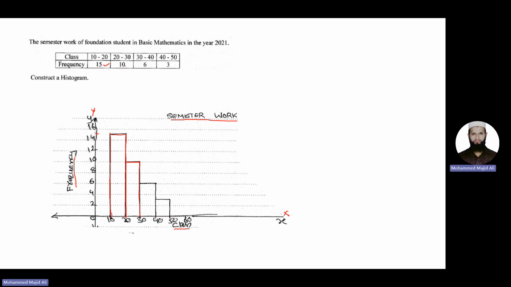The next interval 30 to 40, frequency is 6. Then 40 to 50, frequency is 3. So this will give you the histogram for the following data.